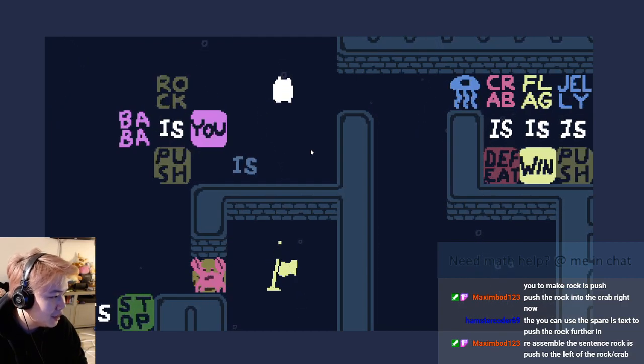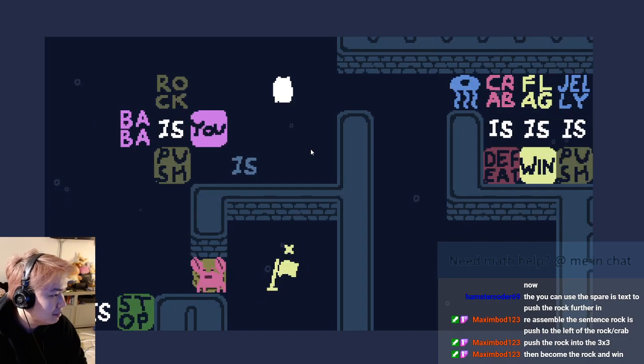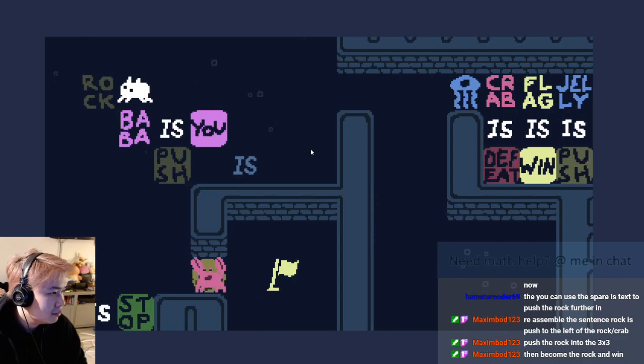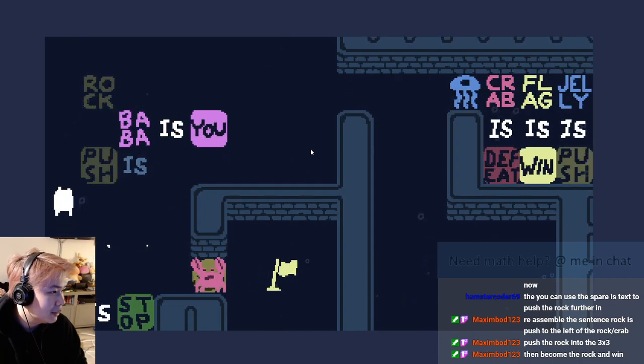Reassemble the sentence rock is push to the left of the crab. Push the rock into the crab. Yeah. This is probably not what I'm supposed to be doing right now.